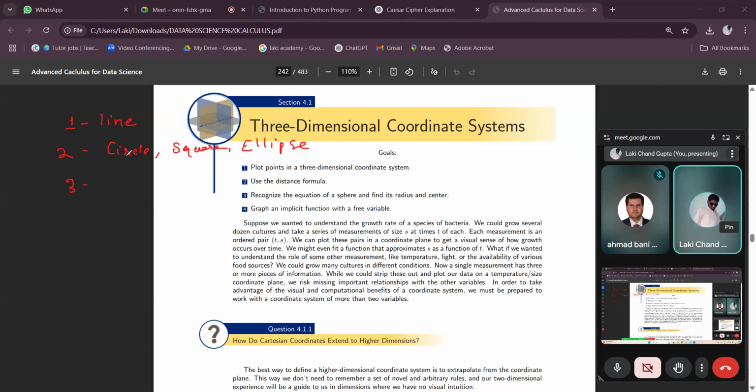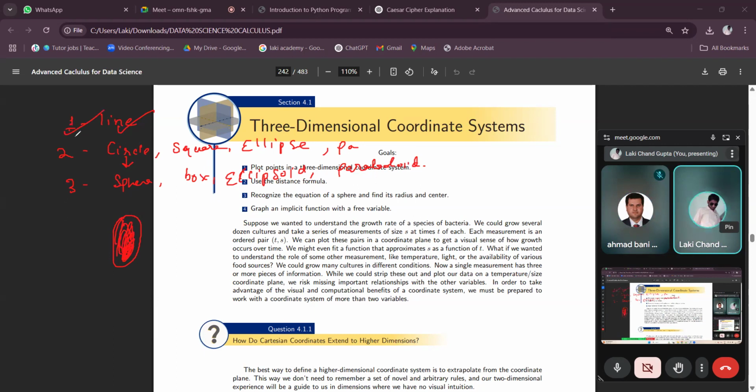Three-dimensional represents: a circle becomes a sphere, a square becomes a box, an ellipse becomes an ellipsoid, and a parabola becomes a paraboloid. So this is an ellipse, but when it becomes 3D, it becomes a surface.